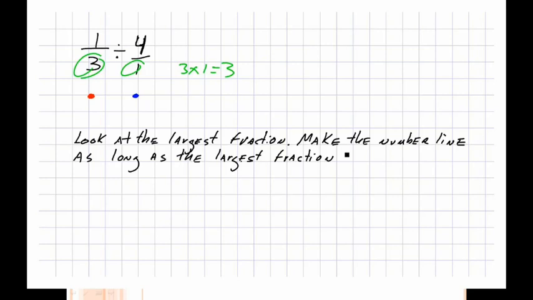Look at the largest fraction and make the number line as long as that largest fraction. In this case, since it's a whole number, we only have to worry about making it 4 units long. Now, the next thing we're going to do is multiply your denominators.